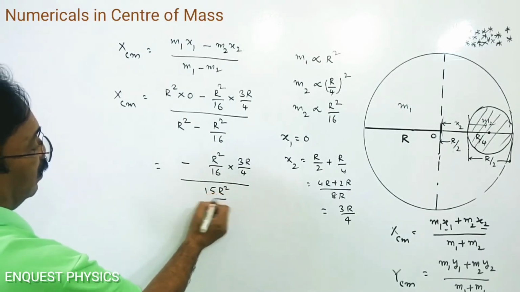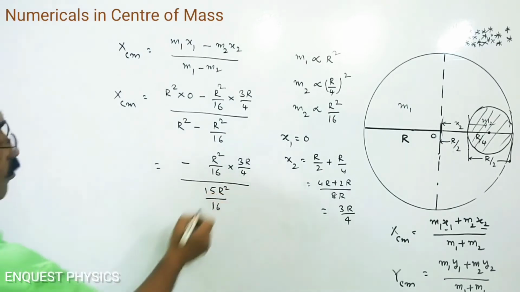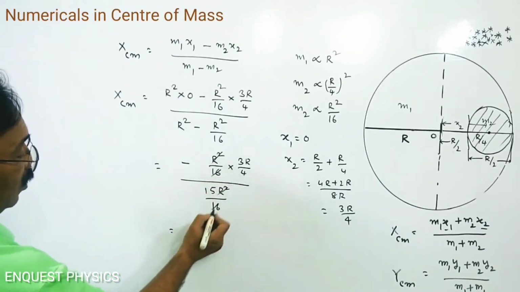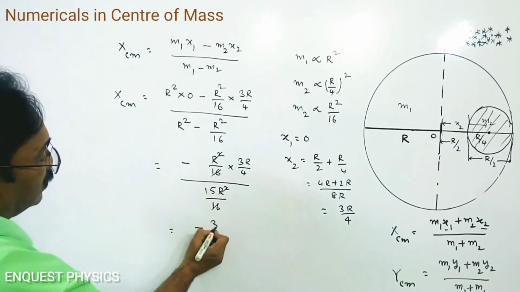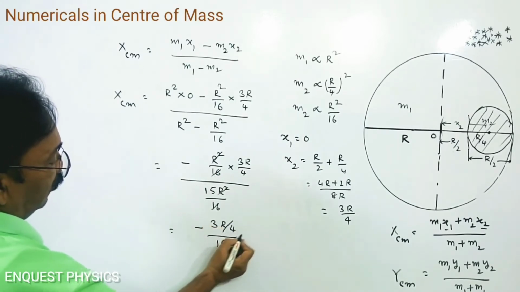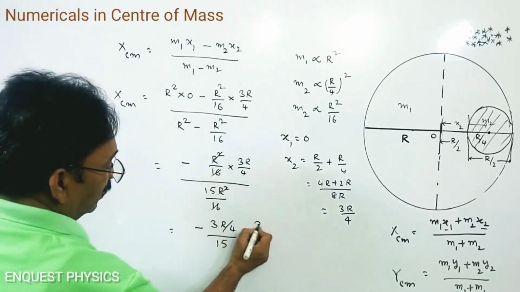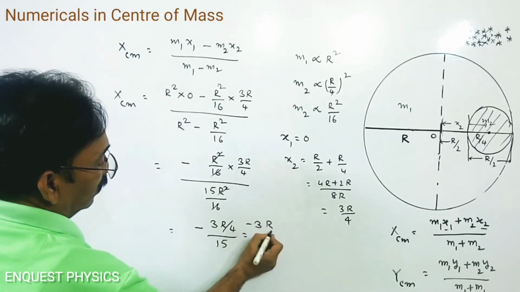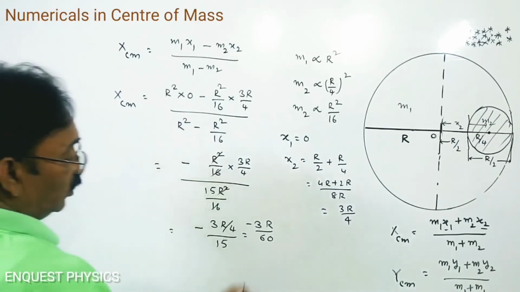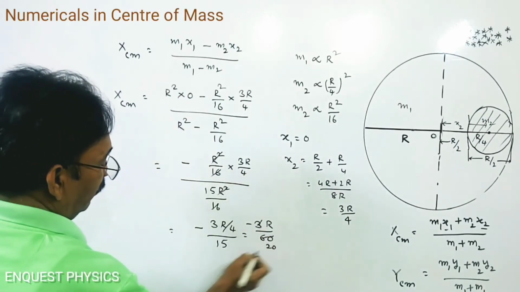The r squared and r squared by 16 get cancelled, students. What do we have? Minus 3r by 4 by 15. That is minus 3r by 60. Okay students, 3 ones are 3, 3 twenties are 60.